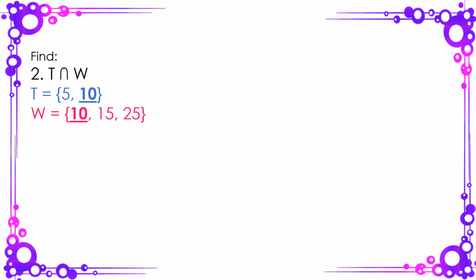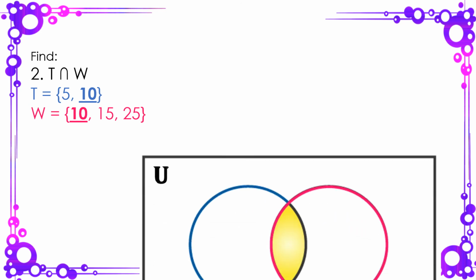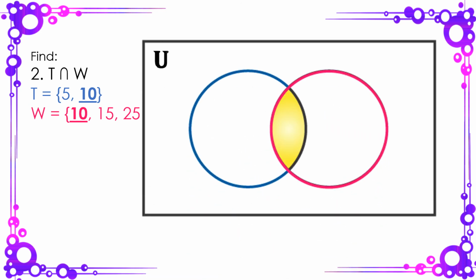So let us see if your work is correct. So again, here is our given, and we are asked to find the T intersection W. Here is our Venn diagram for the intersection, and then of course we write T and then W. Do not forget to write the given. And okay, we can write here in the middle part, the intersection, 10.